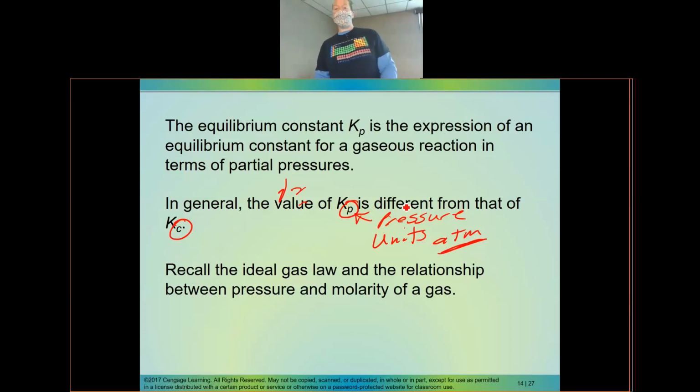Now when you're doing Kc, it has to be aqueous or a gas. If it is Kp, now we're talking only gases. So it will not include aqueous here. So never do they include liquids or solids, but this one also does not include aqueous. For Kp, it is only for gases. So anything aqueous, liquid, or solid would not go into a Kp.